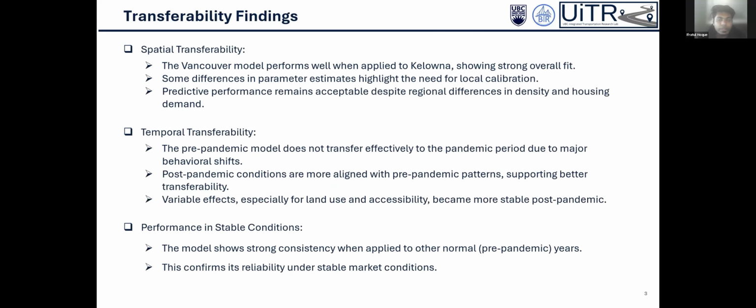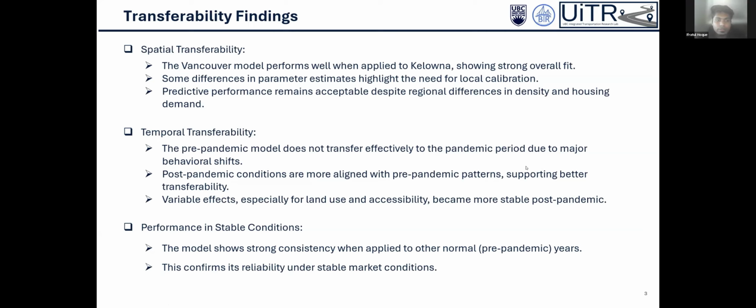So the overall findings include, for spatial transferability, the Vancouver model performs well when applied to Kelowna, showing a strong overall fit. Some differences in the parameter estimates highlight the need for local calibration, and predictive performance remains acceptable despite the large differences between the regions.